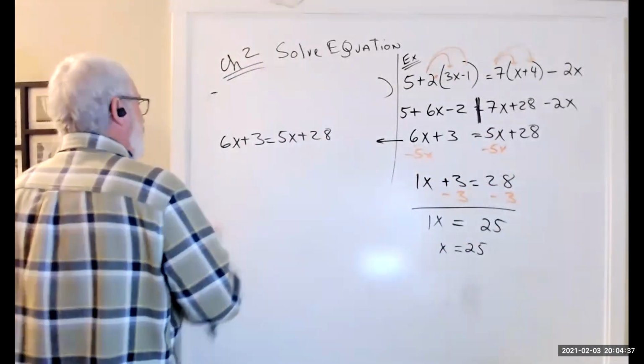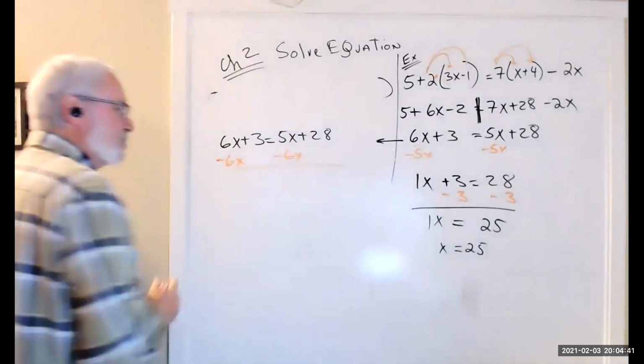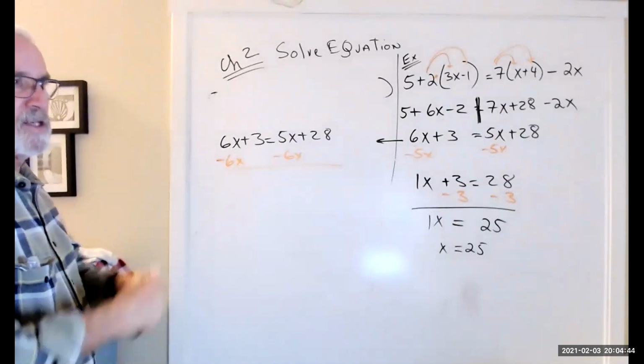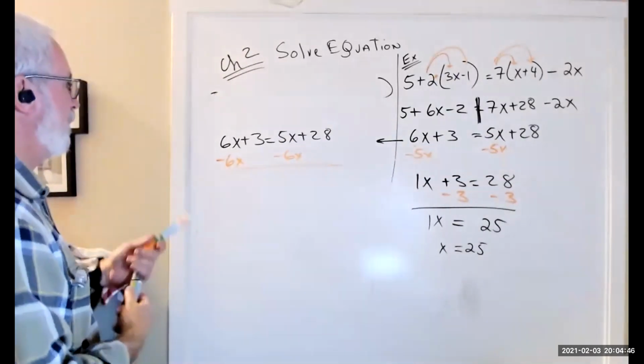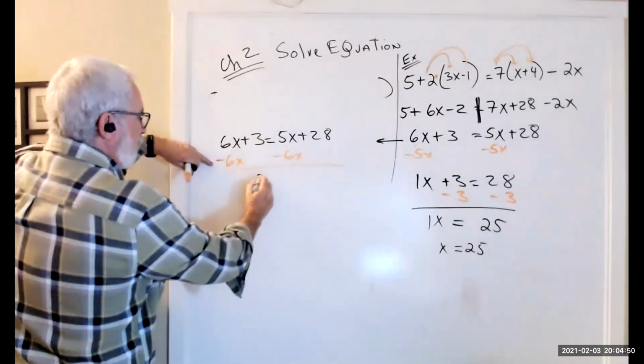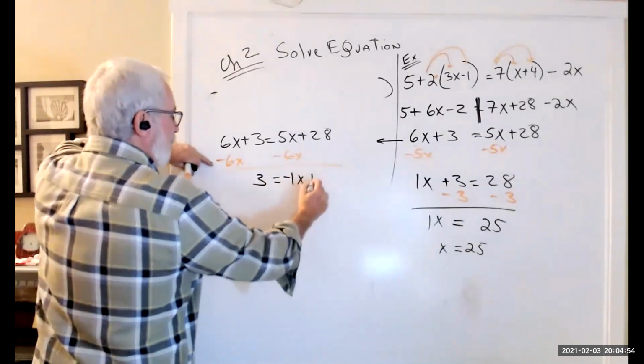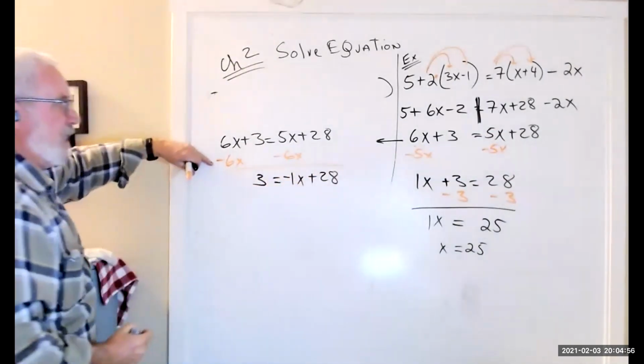What if I decided to get rid of the 6x from both sides? Okay, because that was the question, and it was a good question and a valid question. So 6x take away 6x is nothing, so we get 3 equals -1x plus 28.